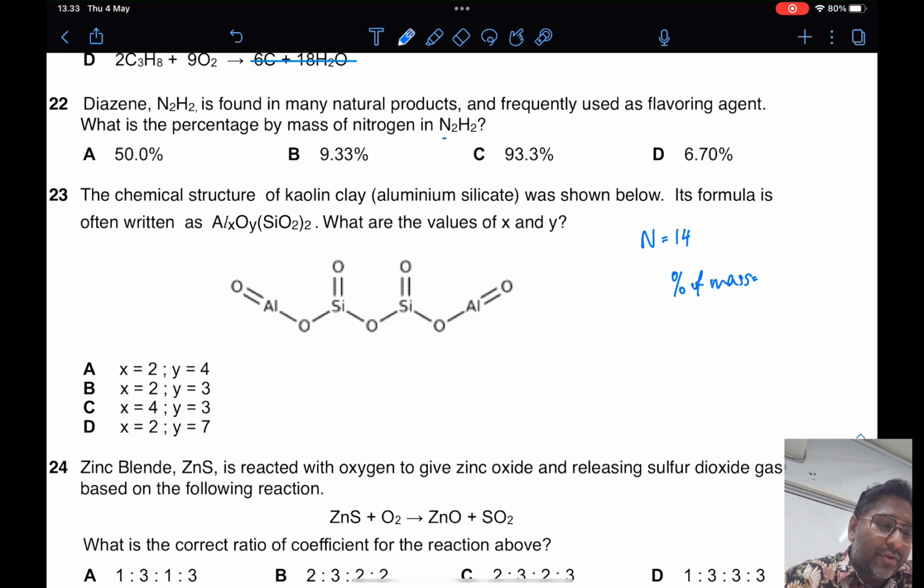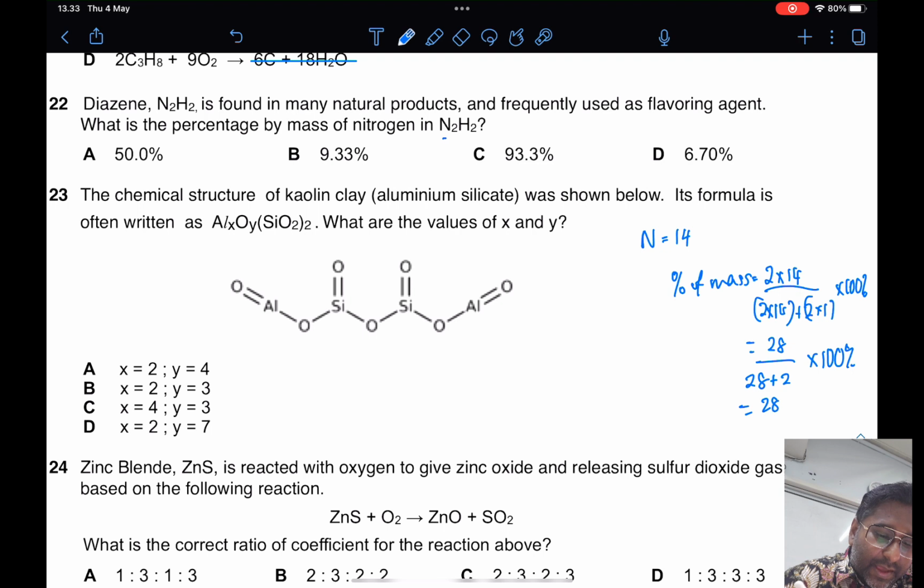in this case, you have how many nitrogen? You have 2 atoms of nitrogen, 2 times 14 divided by the Mr of the entire thing. So 2 times 14 plus 2 times 1, and then times 100%. So that's going to be 28 plus 2, times 100%.